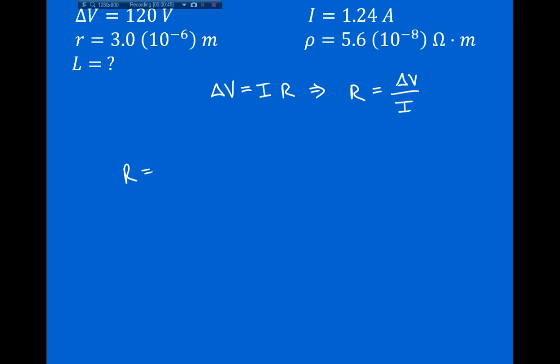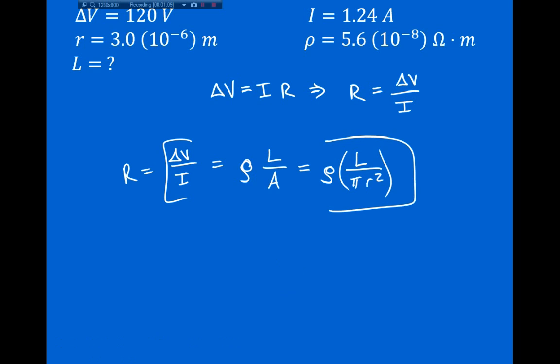However, we also know that the resistance is equal to the resistivity times the length of the wire divided by its area. Since we're given the radius of the wire, we could write this as the length of the wire divided by pi times the radius of the wire squared. Since we know everything in this equation except for the length of the wire, we can go ahead and solve for the length.